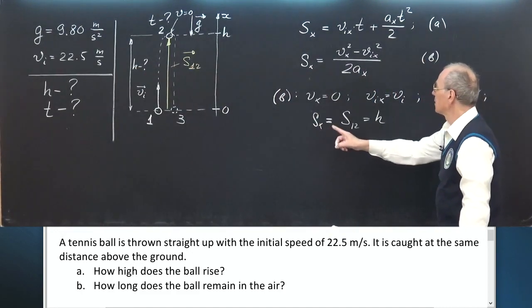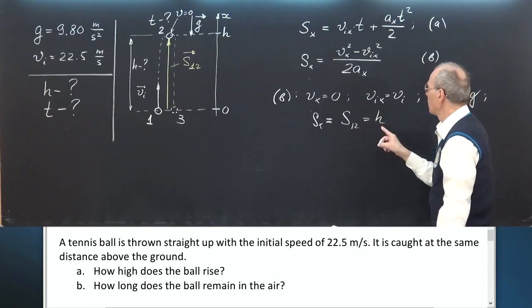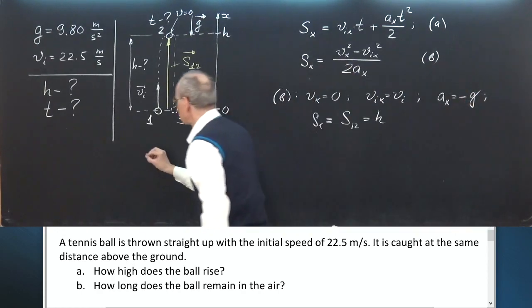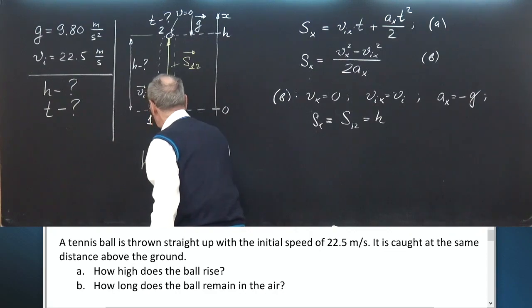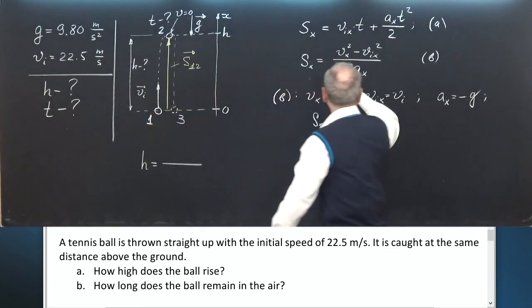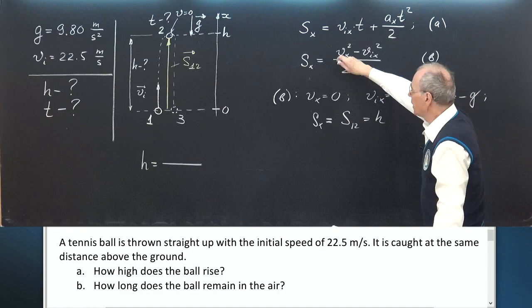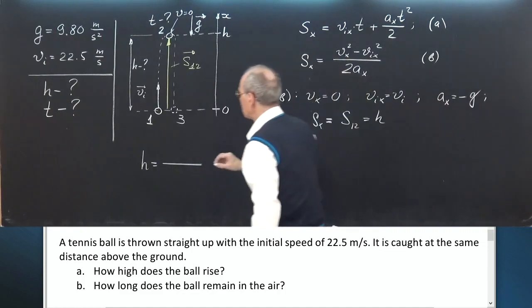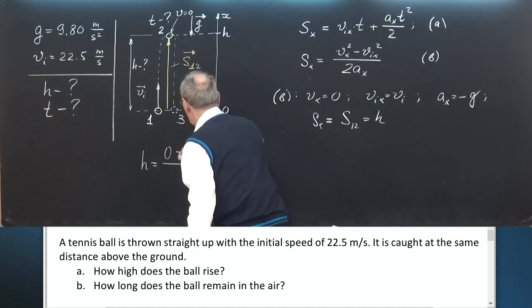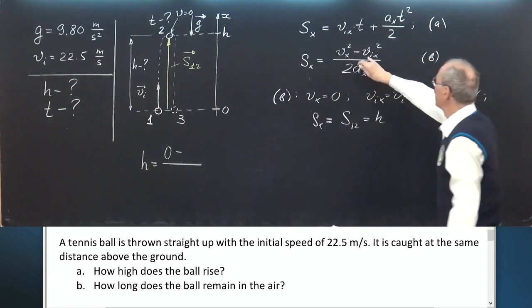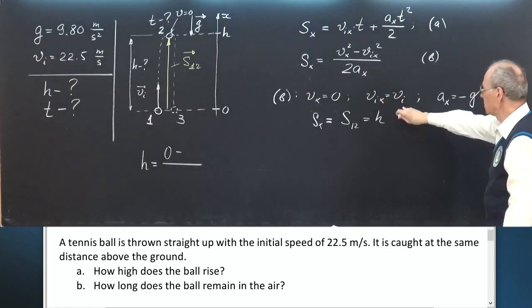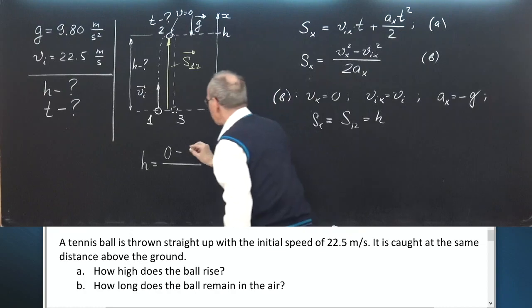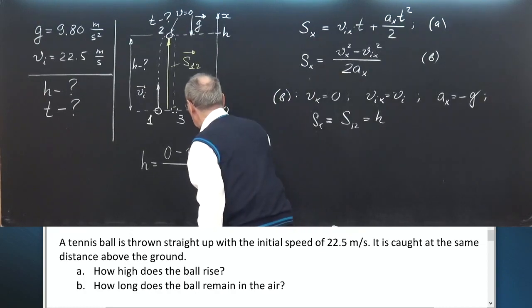So we have, instead of Sx, we write h. Instead of Vx, we write 0. Instead of V initial x, we write V initial squared.